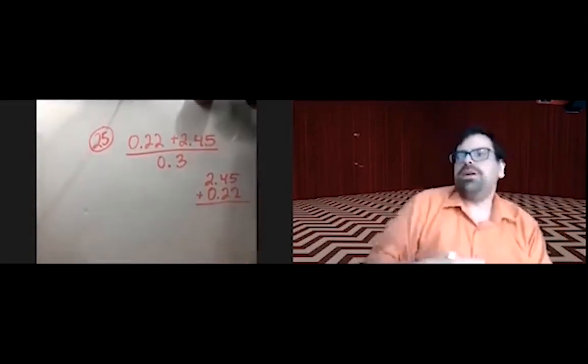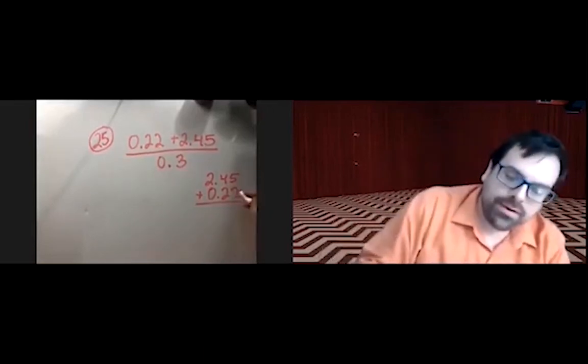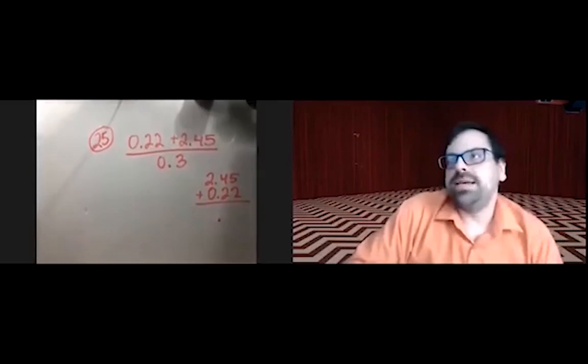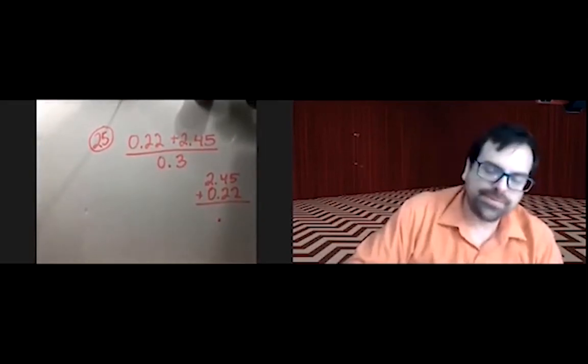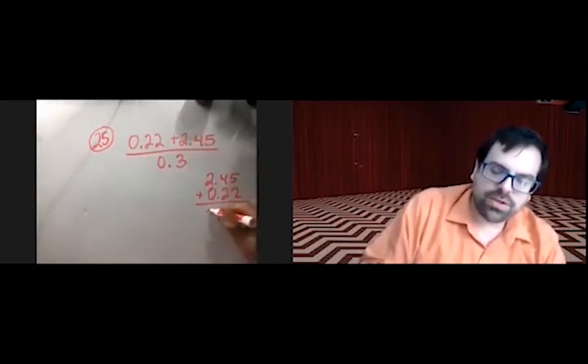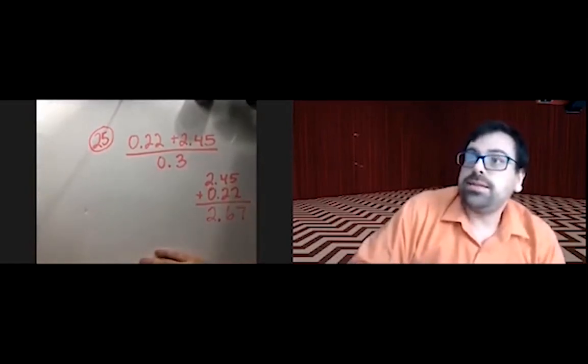I just feel better putting the big number on top. It doesn't matter though. Decimals in line because we're adding. So decimal in the same place in the answer. 5 plus 2 is 7. 4 plus 2 is 6. 2 plus 0 is 2. 2.67.